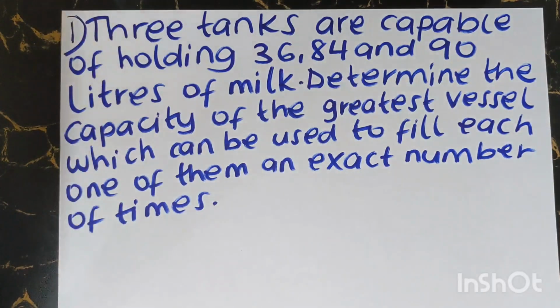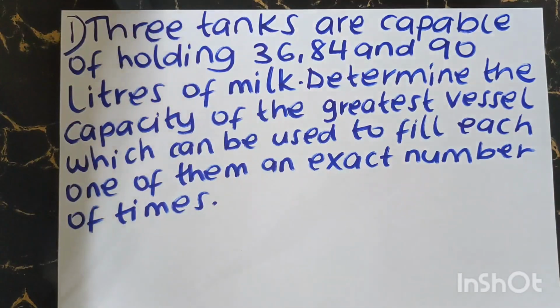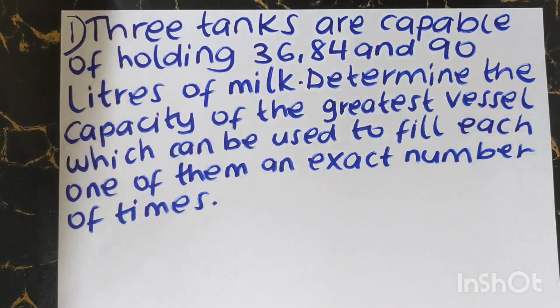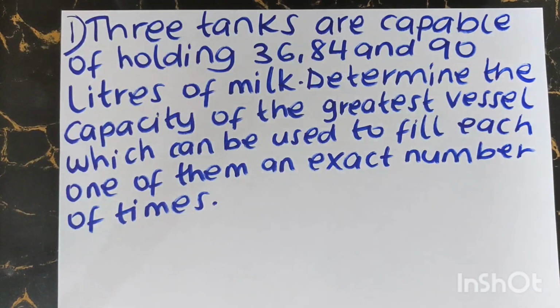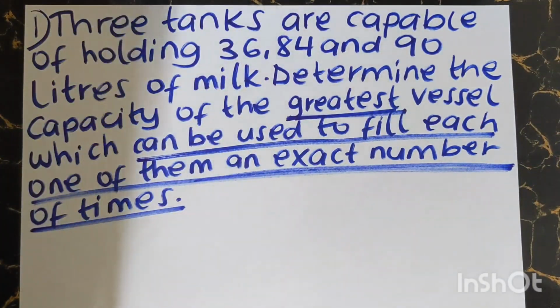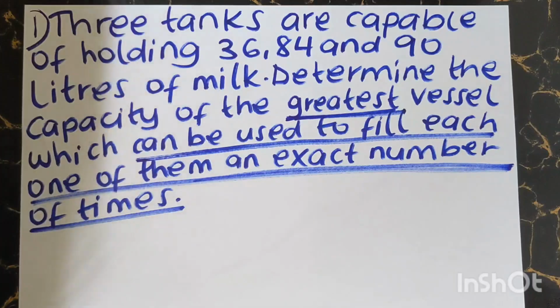The first keyword is the greatest vessel, because GCD in full is greatest common divisor. Another is can be used to fill each one of them an exact number of times. This shows that there are some things that are shared equally without leaving a remainder.